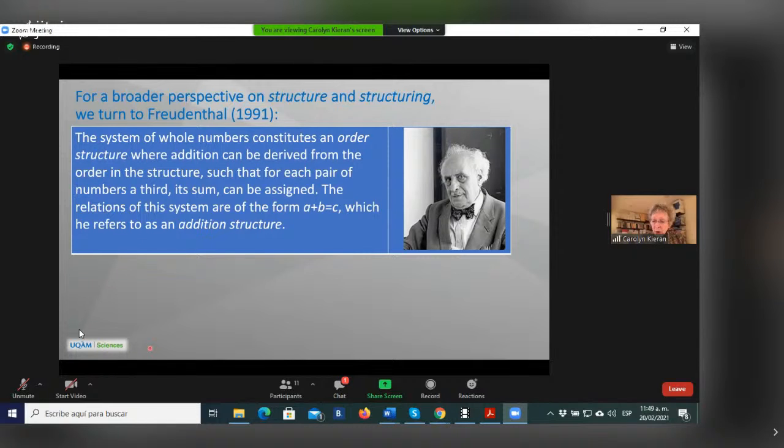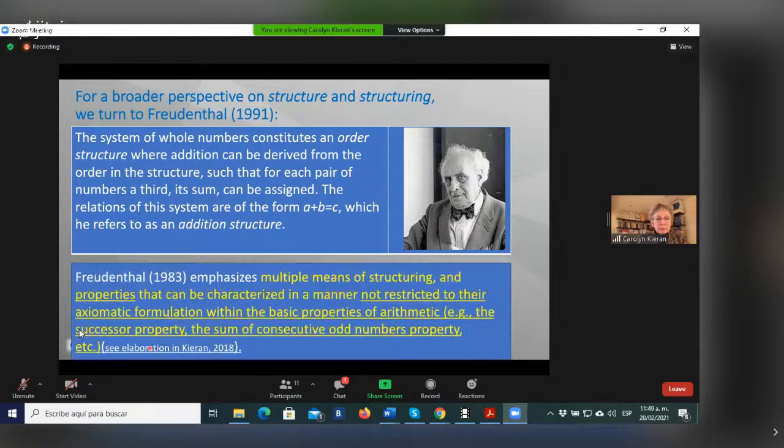He has also described in a similar fashion the multiplicative structure. But it's quite important to note that Freudenthal emphasizes multiple means of structuring and properties that can be characterized in a way that is not restricted to their axiomatic formulation within the basic properties of arithmetic. For example, we can have the successor property, the sum of consecutive odd numbers property, and so on.